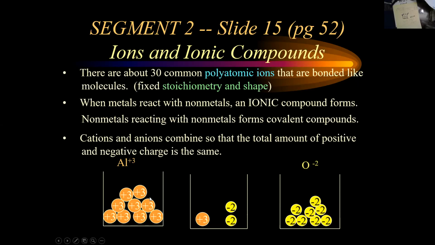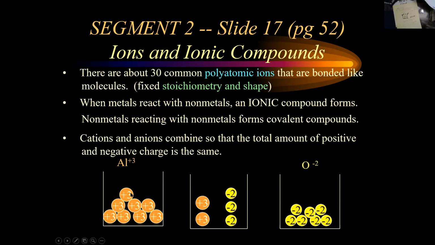I need to get another positive ion to go with that. Now I've got +6 and -2. I've got too much positive charge again. I need another negative charge. When I do that, I've got +6 and -6. That now is the formula for aluminum oxide. It's Al2O3.